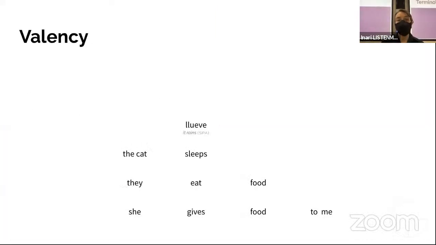Okay, so this is for those who have no introduction to linguistics, so just some terminology to keep following the talk. So here we have some different types of sentences.